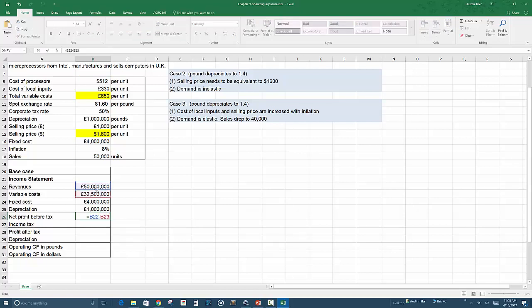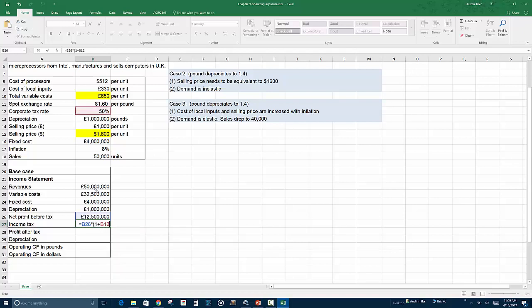Then depreciation equal to £1 million, B13. Any questions so far? We're just gonna flatline depreciation every year, same. Profit before tax, so we take revenue B22 minus variable cost B23 minus fixed cost B24 minus depreciation B25.